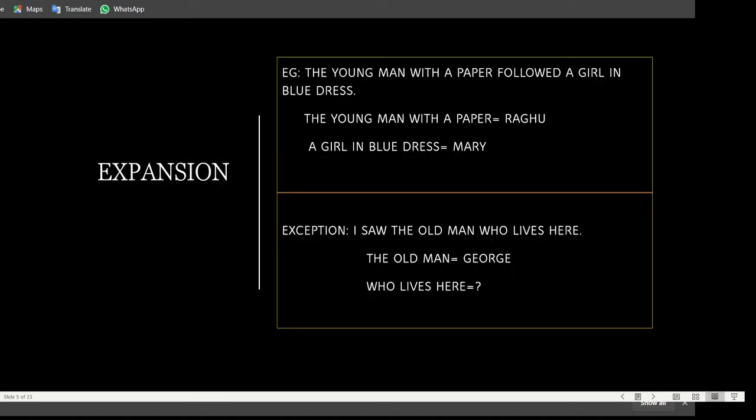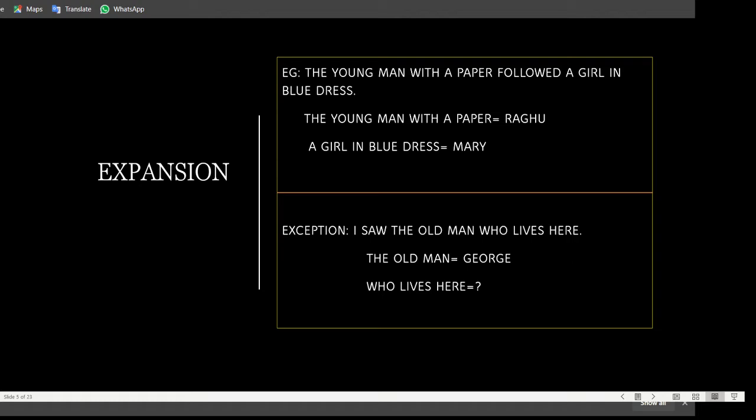Expansion can be explained using an example. Look at this example: The young man with a paper followed a girl in blue dress. In this particular sentence, if we make the first cut, the young man with a paper is the noun part, and the second part is followed a girl in blue dress.